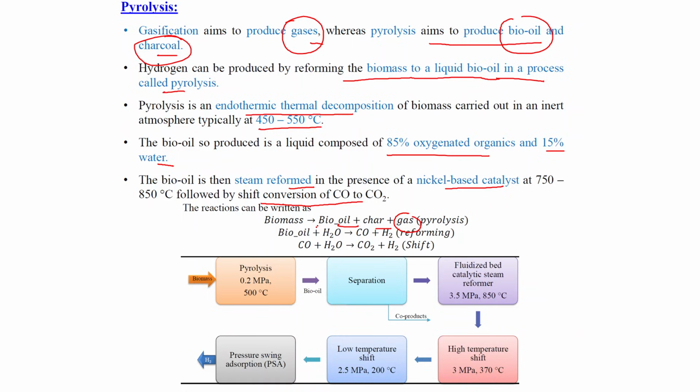Then this bio oil is processed with the steam to produce carbon monoxide and hydrogen, meaning steam reforming takes place. Then further this syngas, which is carbon monoxide and hydrogen, is further reacted with water to produce hydrogen. Okay. So in all the steps, some amount of hydrogen is produced. Okay.